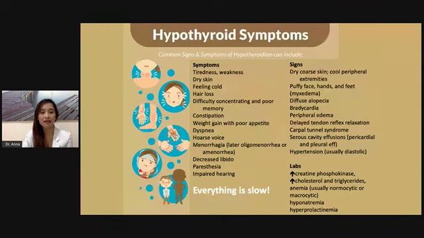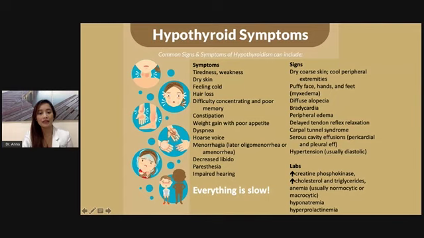There will be hair loss, difficulty concentrating, and poor memory because there's lack of excitability of the nervous system. Even the GI tract is slow. You will have constipation, and because the metabolism is slowed down, you will have weight gain, poor appetite. Some patients will have some form of dyspnea, hoarse voice because of swelling in the airways.